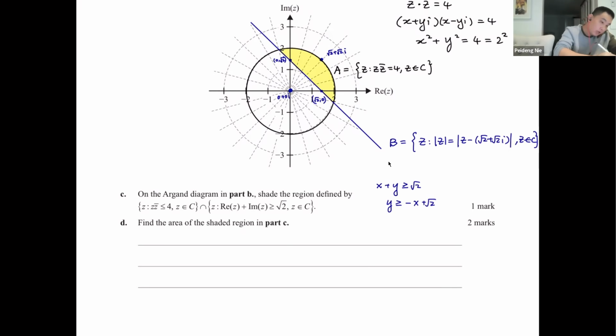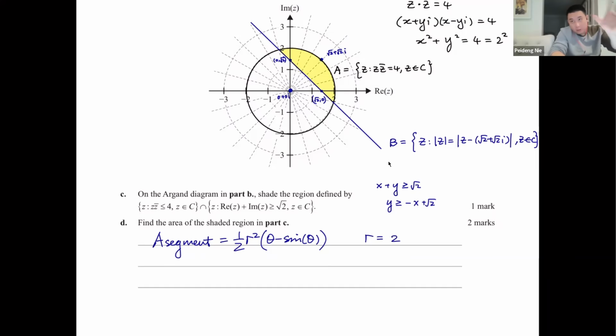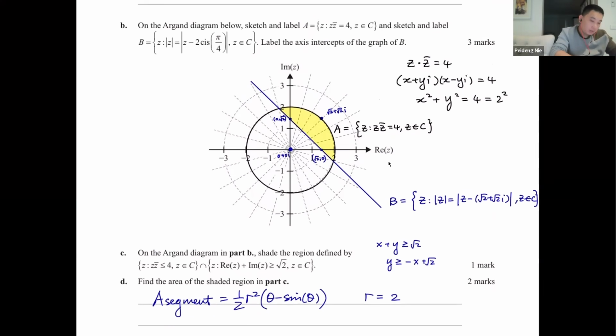Okay, so I know this is a segment. So I'm going to say the area of a segment is equal to half r squared, bracket theta minus sine theta. I know the radius is basically 2 because this segment is along the circle with radius 2. But now what is my theta here? Well, if you drew both parts, B and C, very accurately, you should be identifying what's happening here.